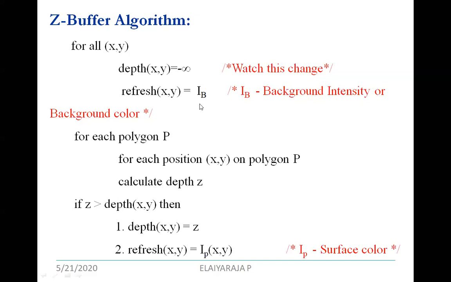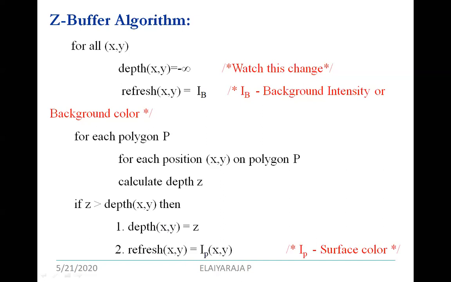If the z depth value is greater than the current pixel's, then you store it as the current pixel's depth value. Then you calculate the intensity by filling the color: refresh buffer x, y equals the surface color.